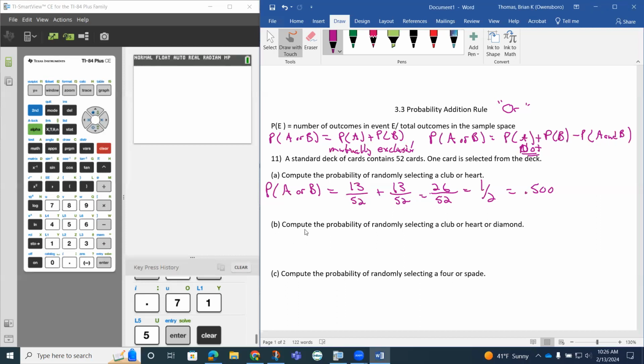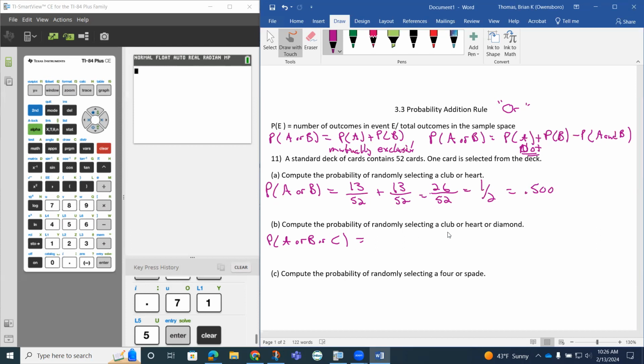The next one says, compute the probability of randomly selecting a club or a heart or a diamond. So this is like the probability of A or B or C happening. This is not too complicated since these are mutually exclusive. You can't be a club, heart, and diamond.